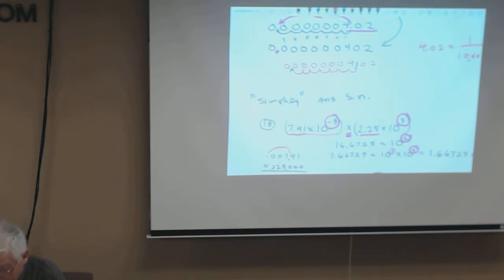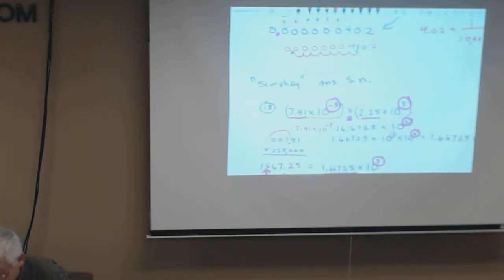So it's 7.41 times 10 to the negative 3. Okay? Then the other part of 18 is 225,000. Well, what would I do with that one in scientific notation? What would it be?